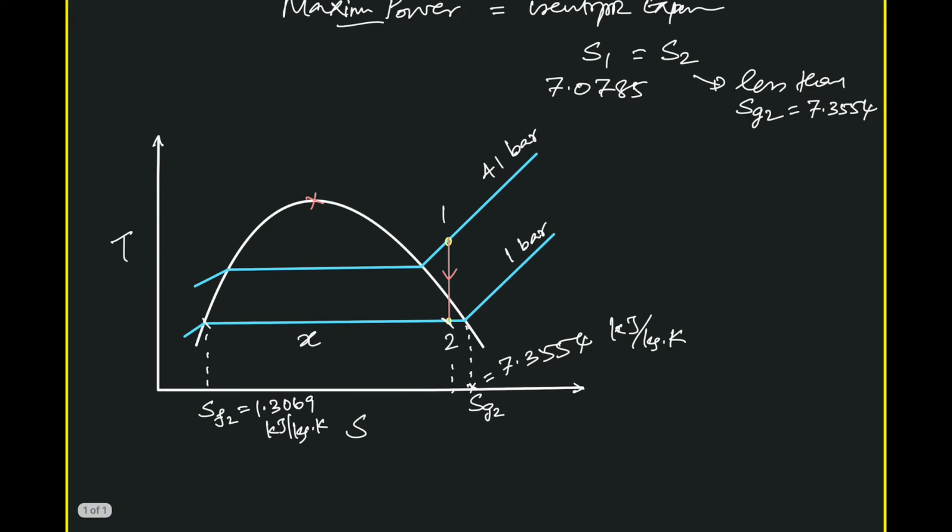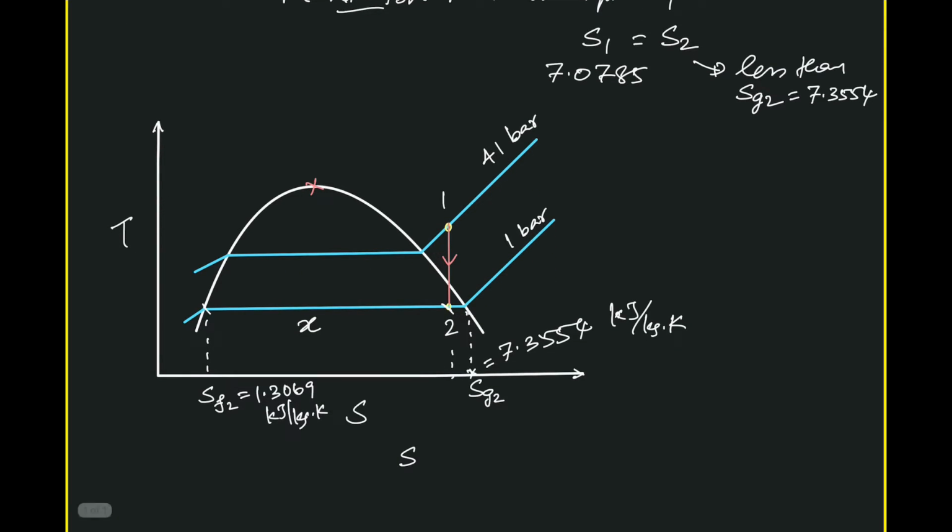For that we can write the equation S1 equals S2. S1 is already known to us, which is 7.0785 kilojoule per kg Kelvin, and S2 can be written in terms of the saturated liquid and saturated vapor entropy, which is SF2 plus X into SG2 minus SF2. This X is a fraction, less than or equal to 1.